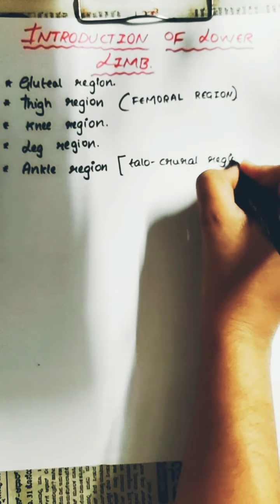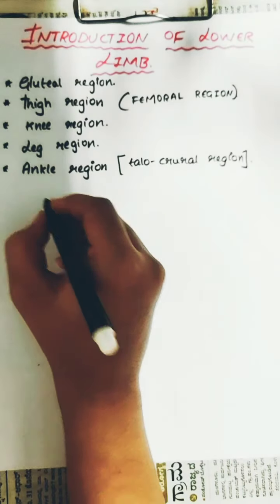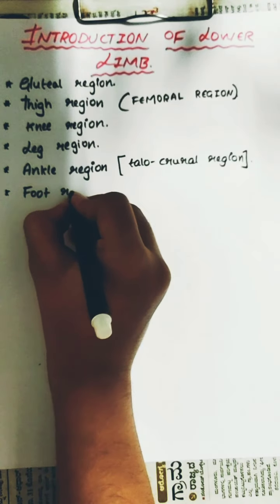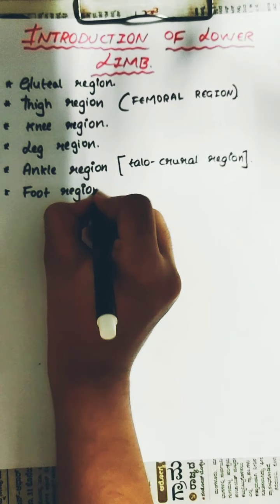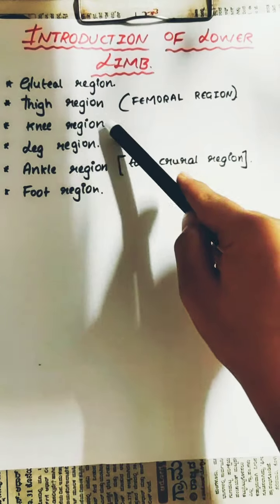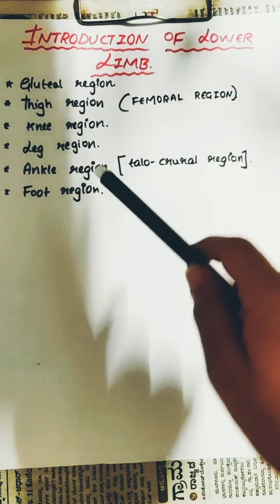Remember it as the ankle region, it will be quite easier. The last region is the foot region. So we'll start with the glutes, thigh, knee, leg, ankle, finally the foot.